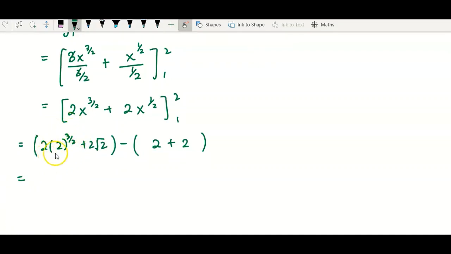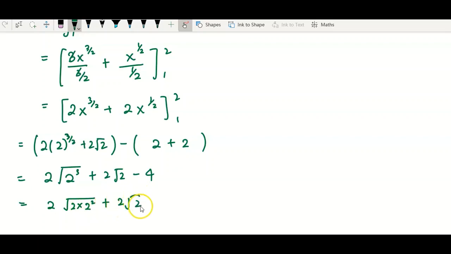Okay, and this one I think we can simplify manually. You have a 2 power of 3 over 2, plus 2 square root of 2, minus 4. So this one you can actually think that this is a square root of 2 multiplied by 2 power of 2. So just copy down this.